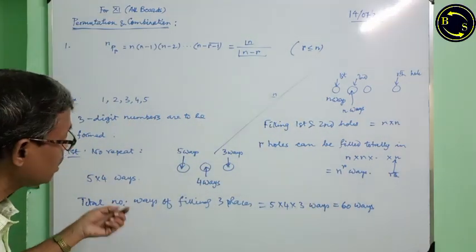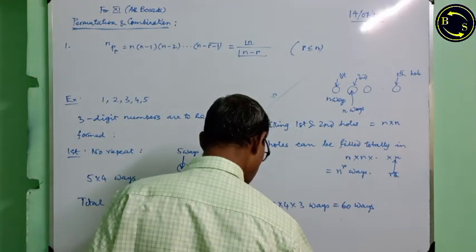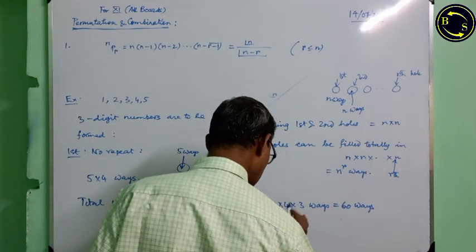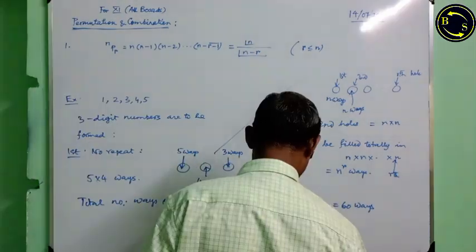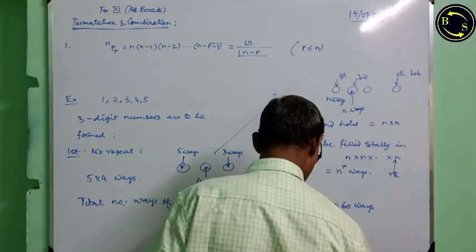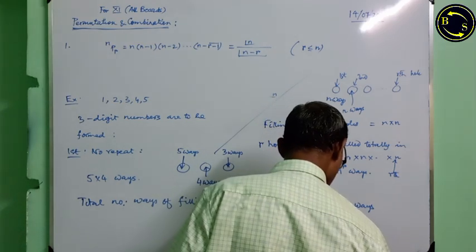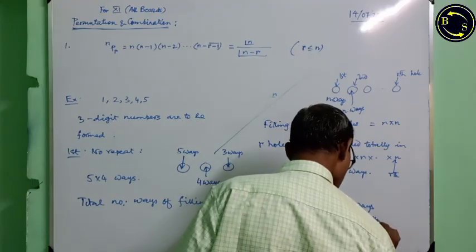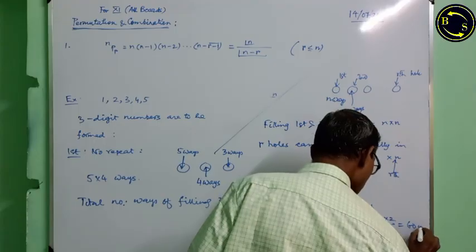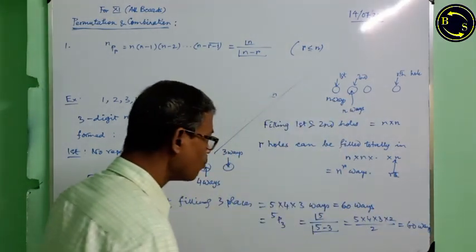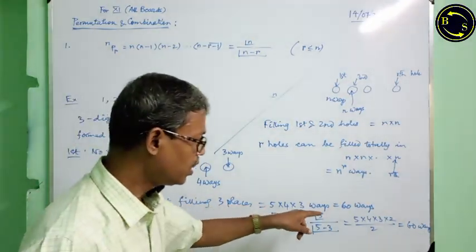Now, if we use the symbol in pair, it will be 5P3. You can calculate yourself. With the help of logic, we can solve this problem in this way.